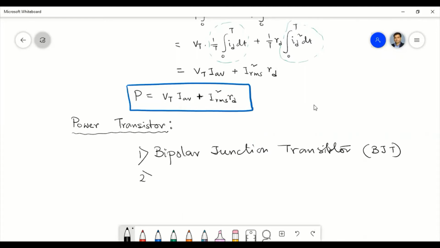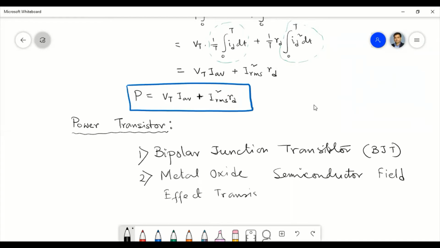Another is the metal oxide semiconductor field effect transistor, or MOSFET. I will discuss all these one by one.